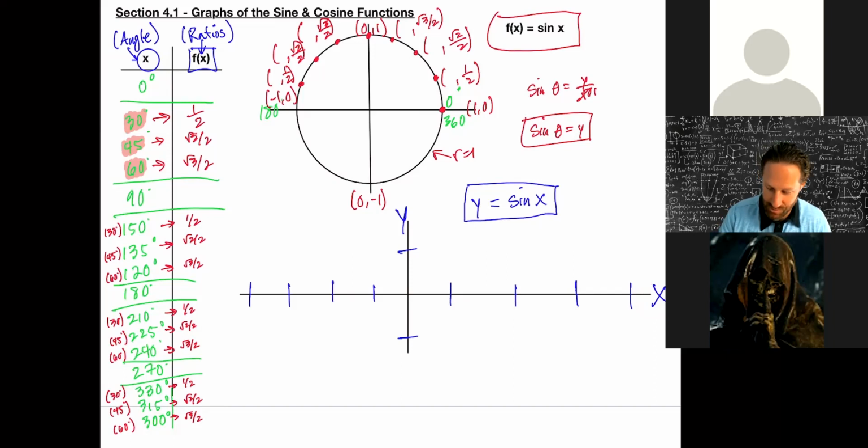So yes, we're going to still start at 0. As always, that's our origin. That's what we always originate or start with, is nothing. But then we're going to go in the positive direction. But instead of 90 degrees, we're going to put what instead? What is 90 degrees equivalent to in radians?